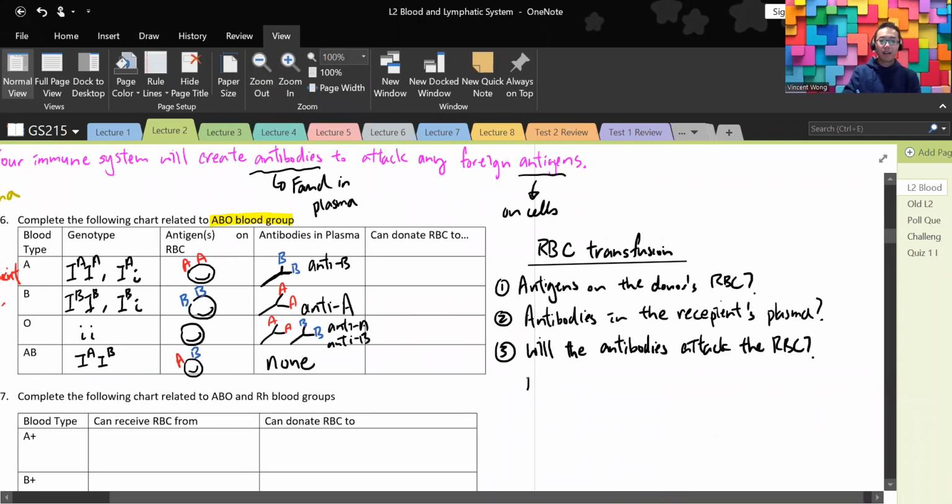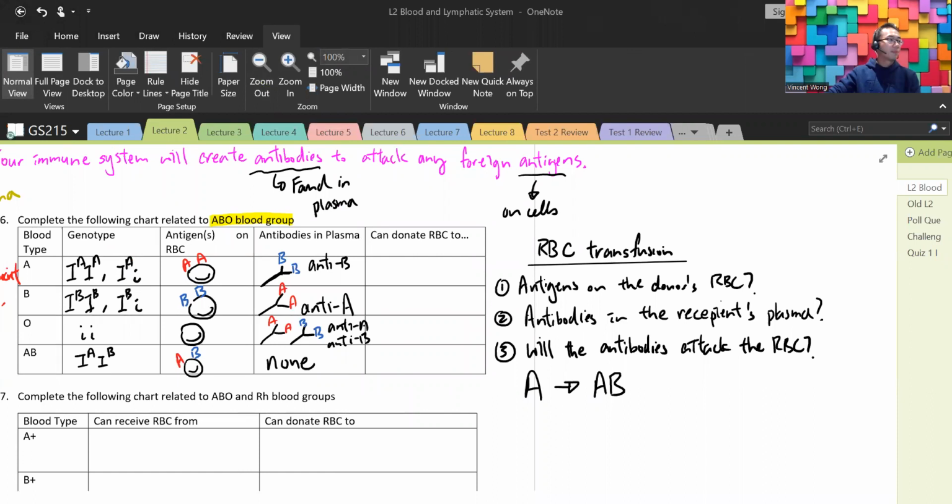Let's say we have A giving blood to AB. Do you think this is safe or not safe? Let's just do a vote. I'm just gonna give you maybe 30 seconds. Go.